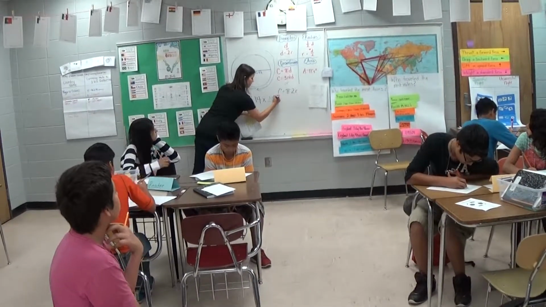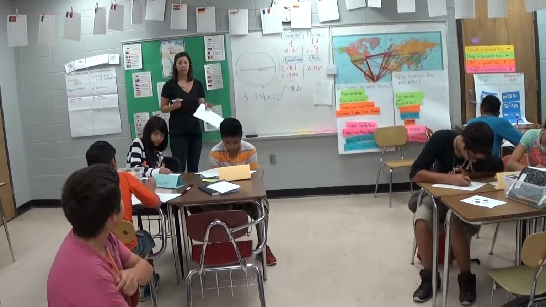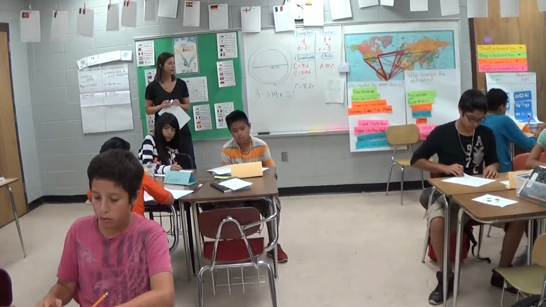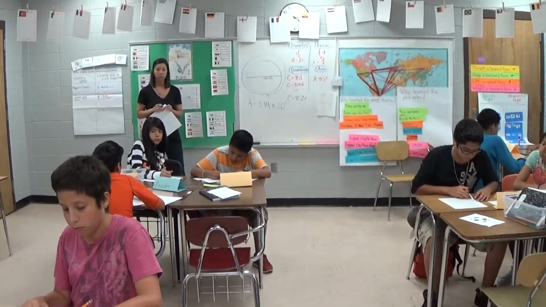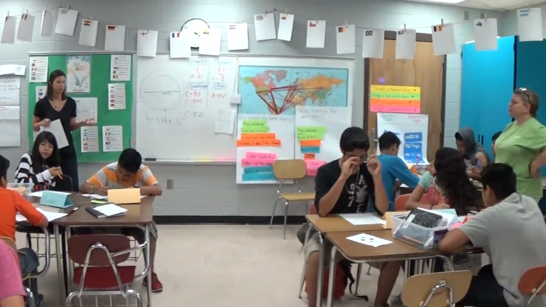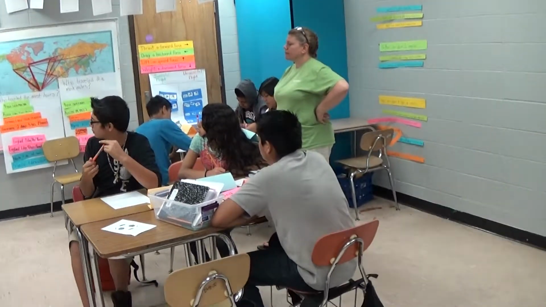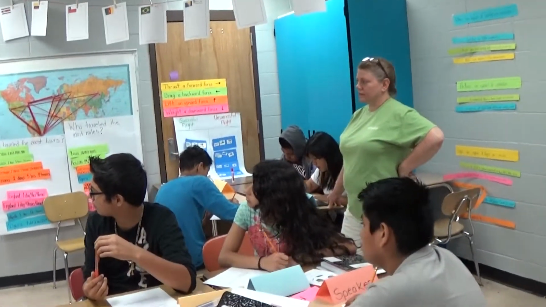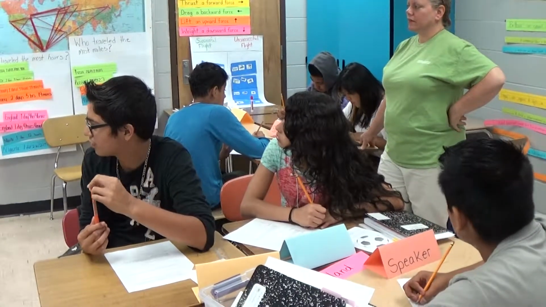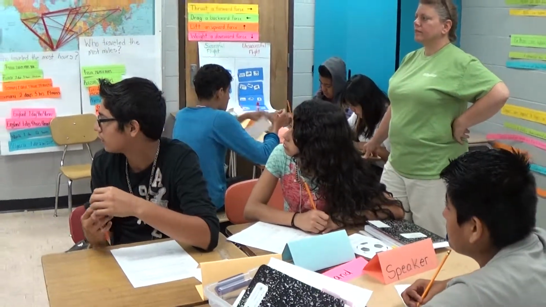20 squared. Oh my goodness, 20 squared. How am I going to figure out 20 squared? What do we do when a number is squared? When you have to square a number, what do you do?